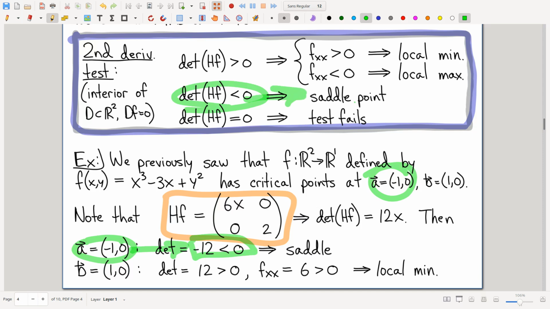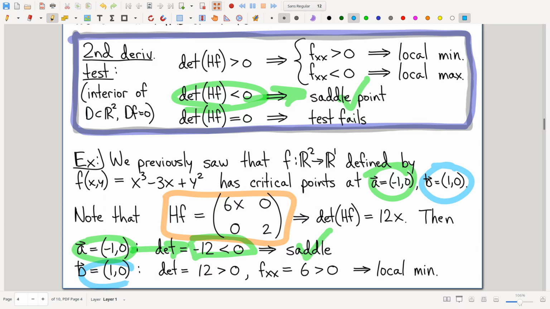Negative means saddle. So this first critical point is a saddle point. See, very pluggy-chuggy, right? It's just follow the rule, follow the test. Okay, next, let's look at (1, 0).